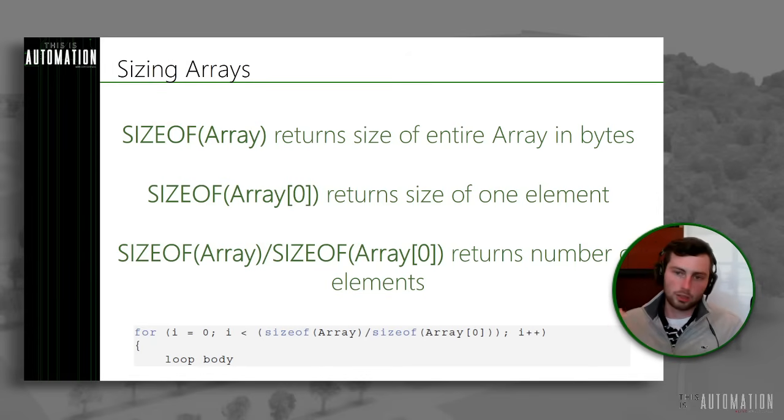So let's say I wanted to loop through an array of 10 pressure values and do something with them. Right now, that may be 10 pressure values. And so it may be fine to say, for I equals 0 to 10, do this and loop through those. But the problem is what happens when you add an additional pressure sensor. So now your array has gone from 10 to 11.